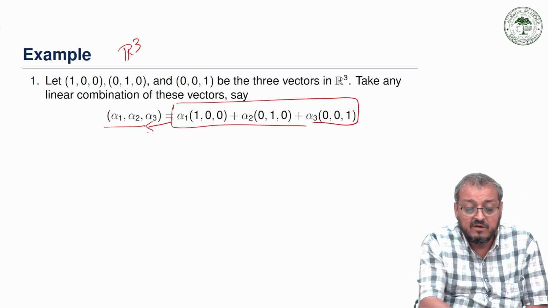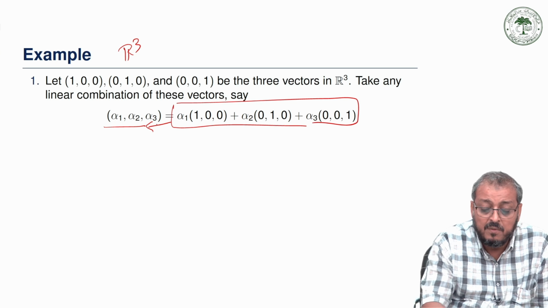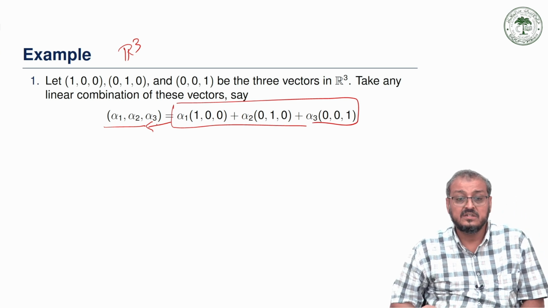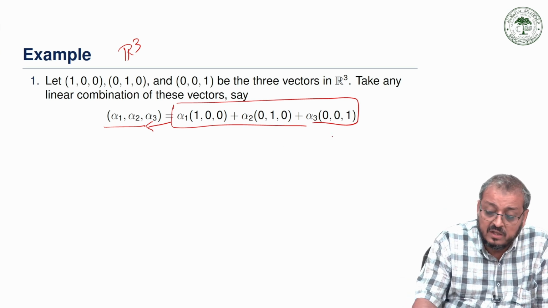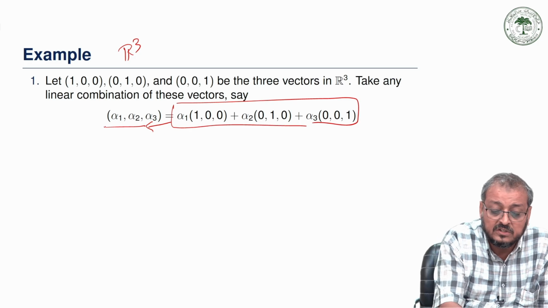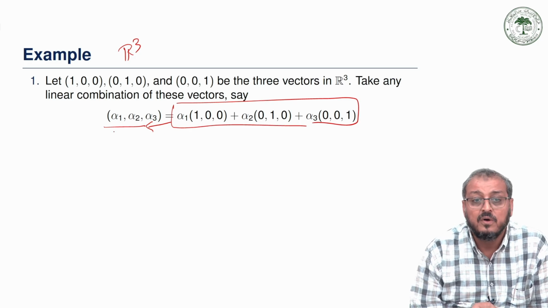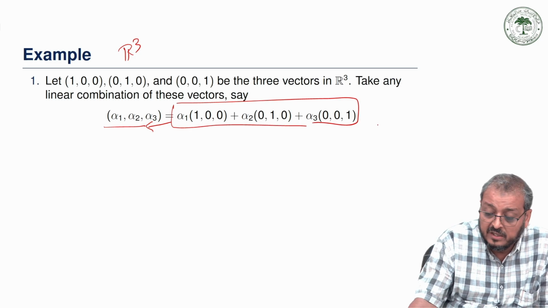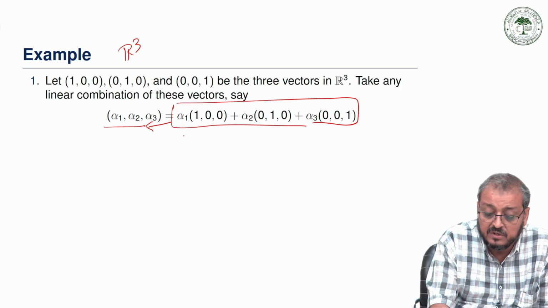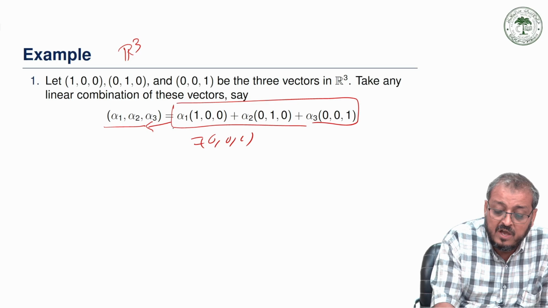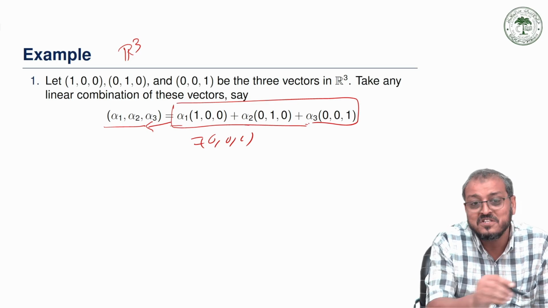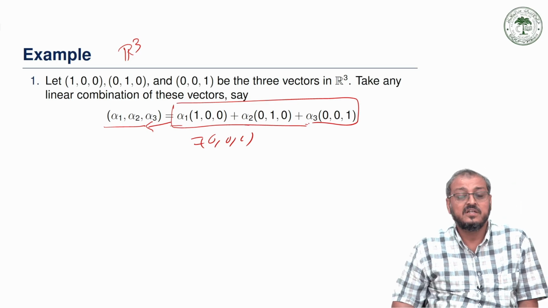So, we can take any linear combination of this form, and this is 0 only in the case when all 3 alphas are equal to 0. So, this linear combination is (0, 0, 0) only if all of them are equal to 0. That means it is a trivial linear combination.